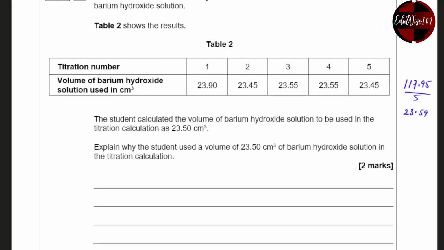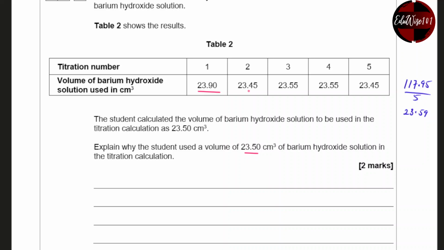Now, if you did work out the average for these 5, you would simply add these 5 values up, which will give you 117.95 divided by 5. It should give you 23.59. But they're using 23.5, which is lower. Why is that? Because this is an anomaly.